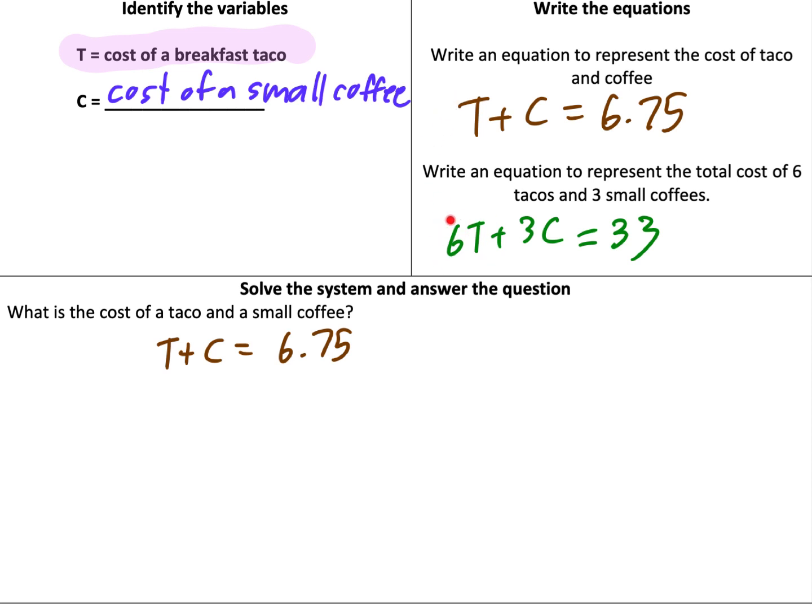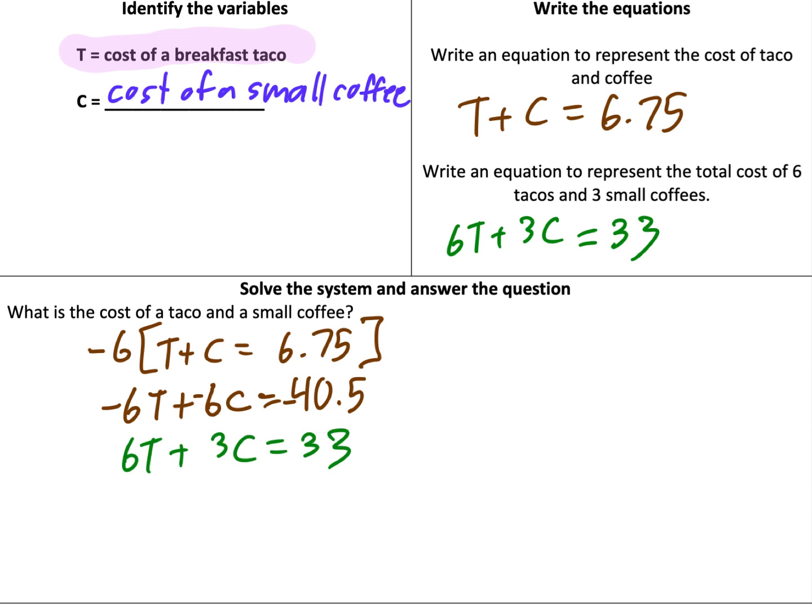Since the coefficient on the bottom is 6t, we want the top to be negative 6t. So let's multiply this whole equation on the top by negative 6. When we do so, we get negative 6t plus negative 6c is equal to negative 40.5. Our other equation, 6t plus 3c equals 33, is going to stay the same.